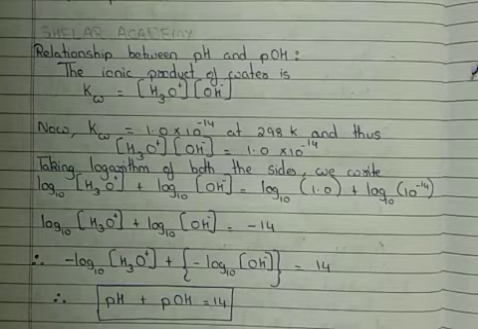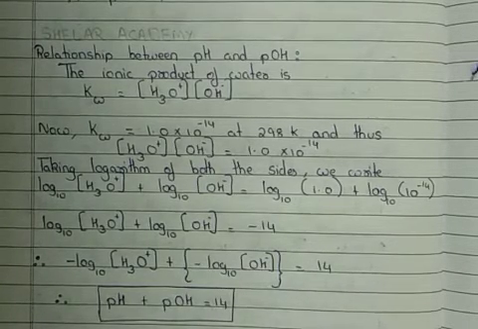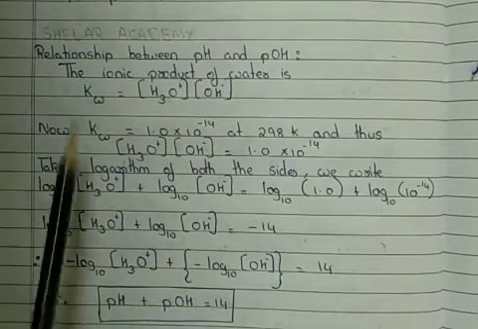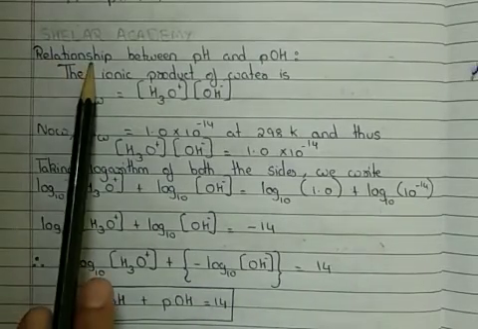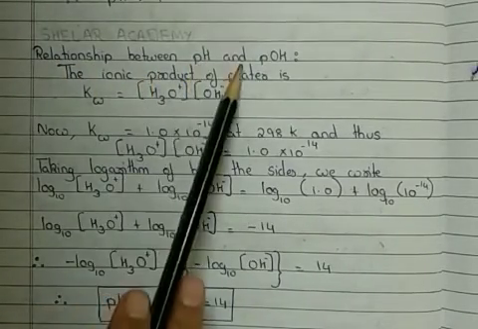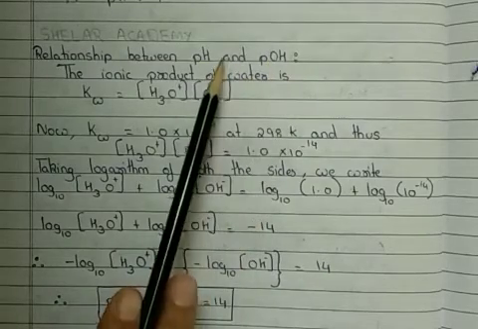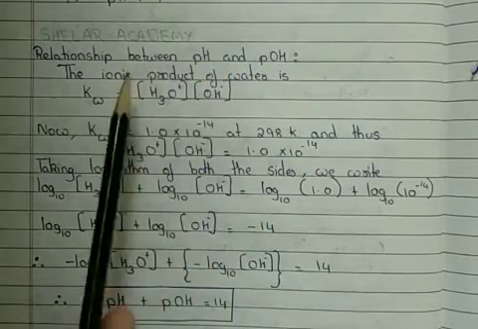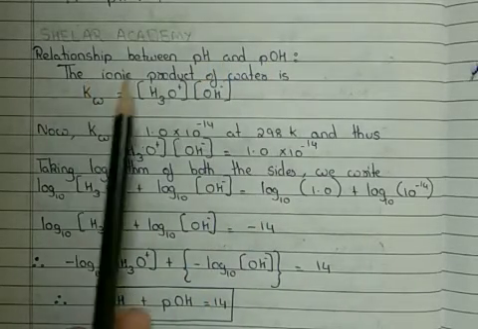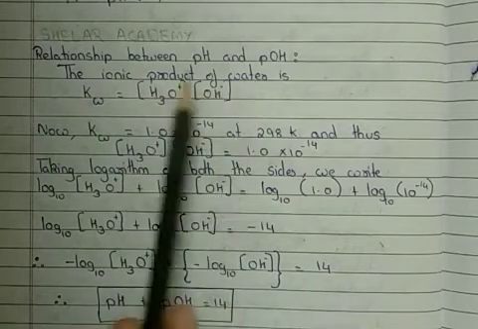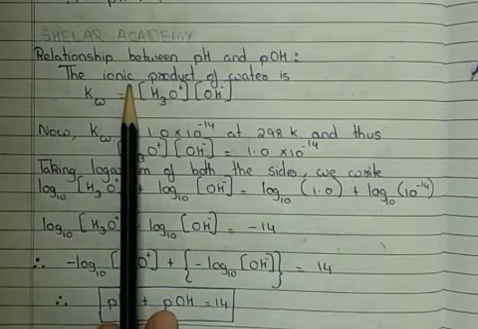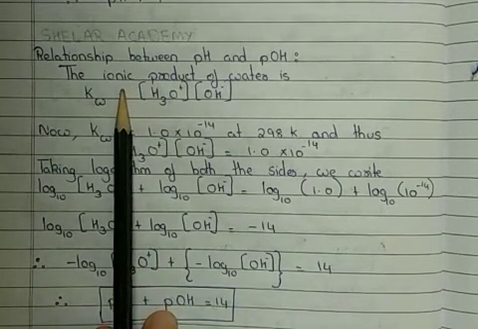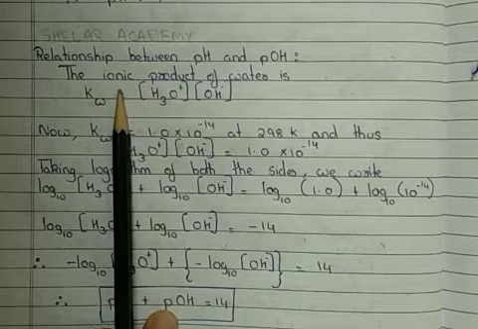Now after determining the solution as acidic, basic or neutral based on the pH value, the next thing we have to see is the relation between pH and pOH. To determine this relationship, we make use of the ionic product of water. If you remember, I have already introduced the term ionic product of water. Now what is ionic product of water?